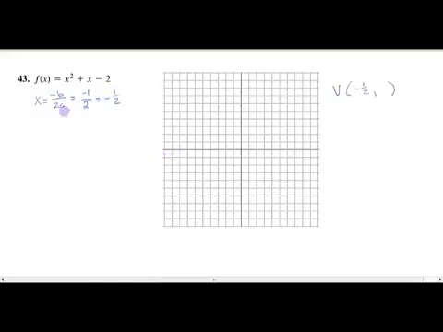And now to find the y part, we're going to plug that negative half back in. So f of negative 1/2 is negative 1/2 squared plus negative 1/2 minus 2. So that's 1/4 minus 1/2 minus 2.